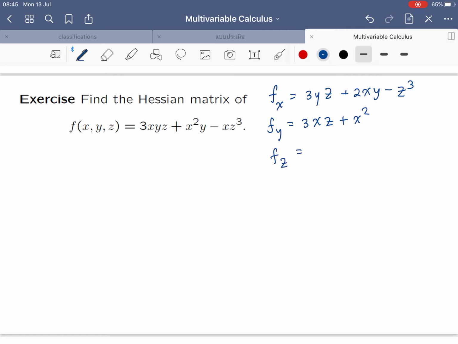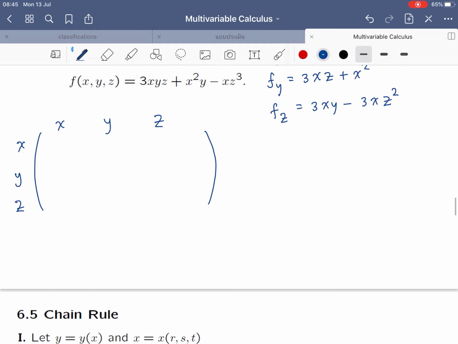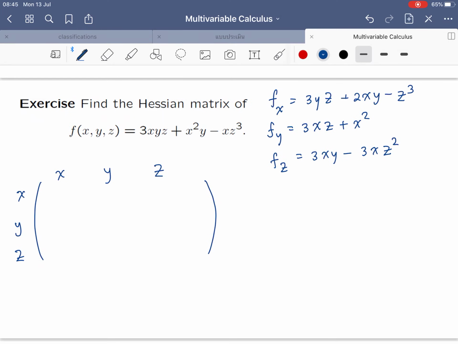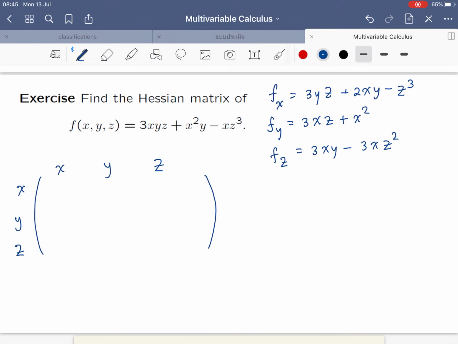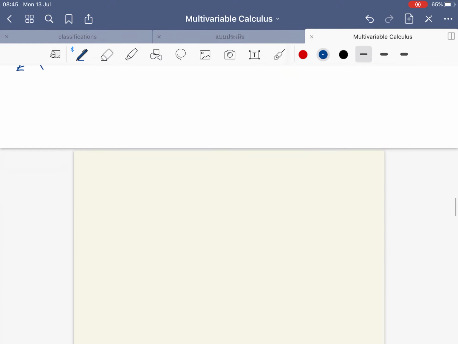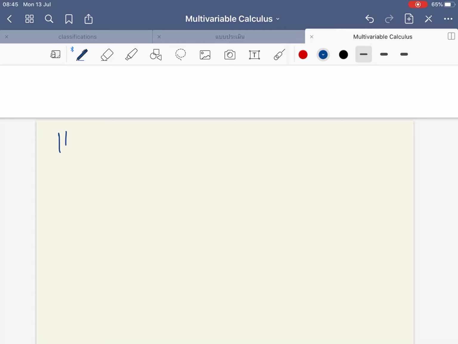F sub z is 3xy and 3xz squared. And then you follow what I just told you to find all of this.